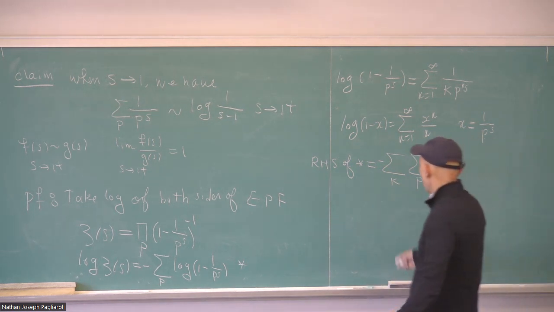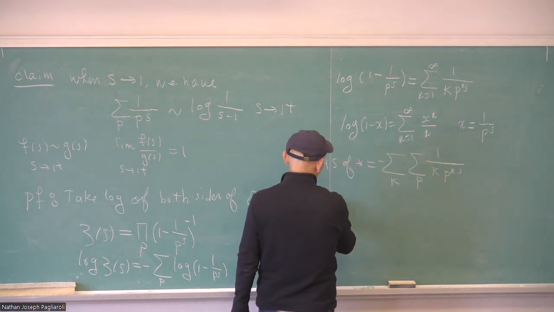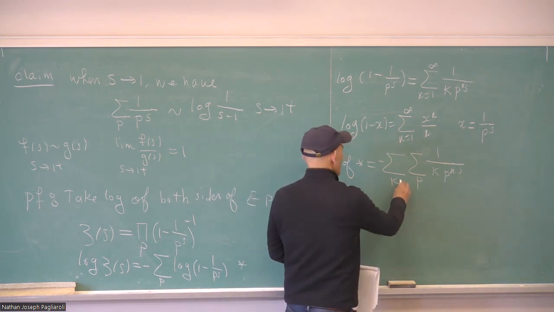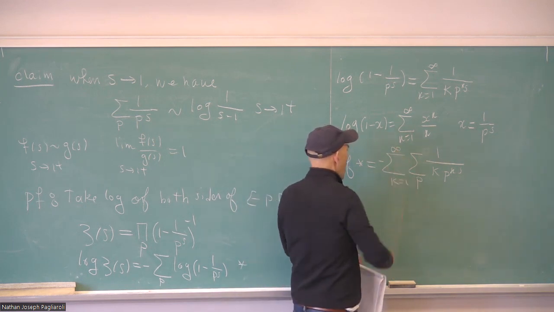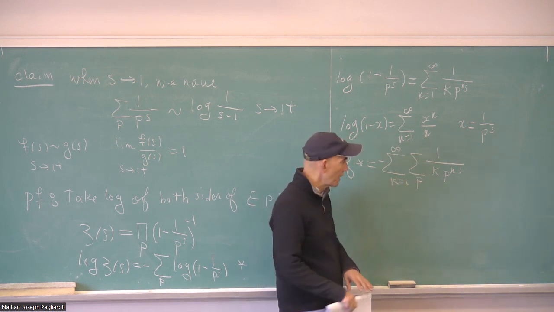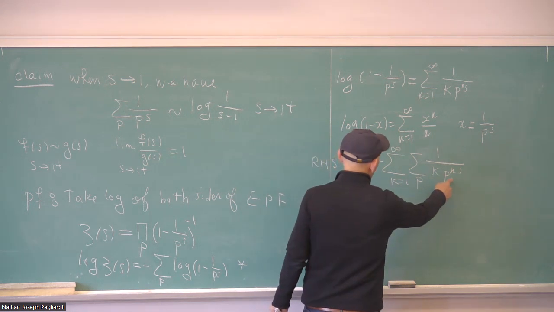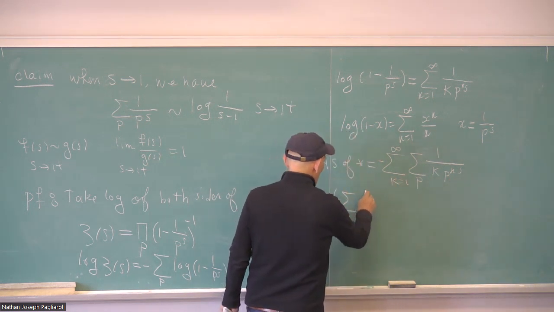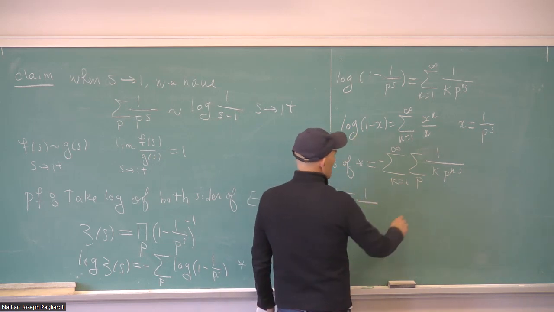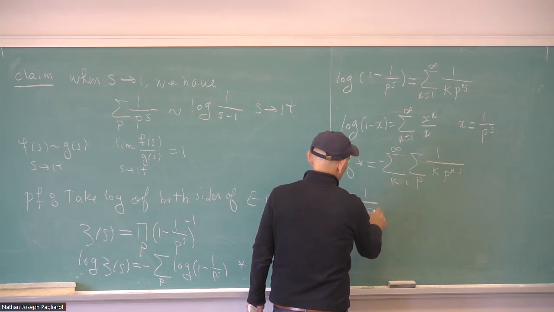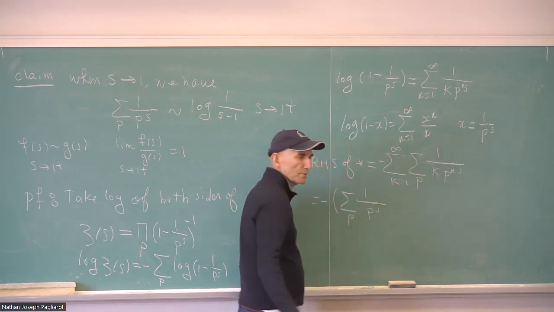Now, I can write it as minus... I isolate, well, this k goes from 1 to infinity, I isolate the term k equal to 1. Term k equal to 1, I just get minus the sum of 1 over p to the s over all primes.